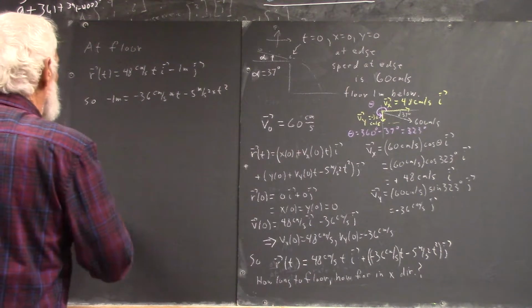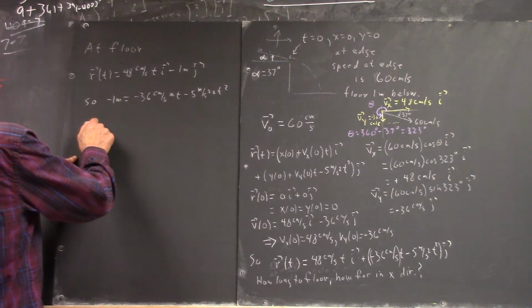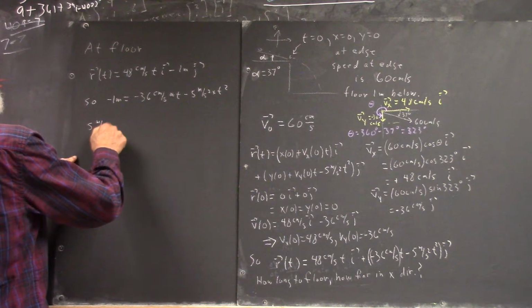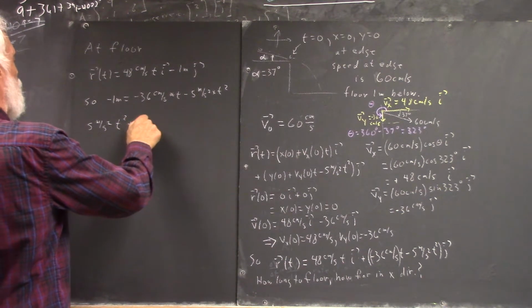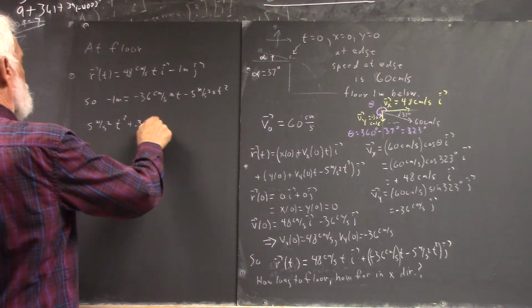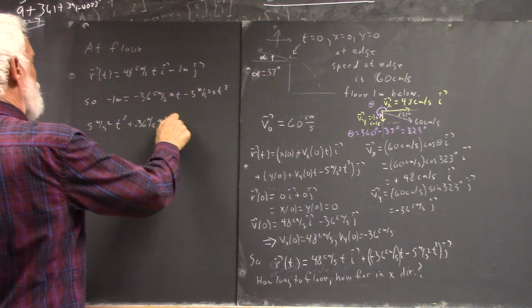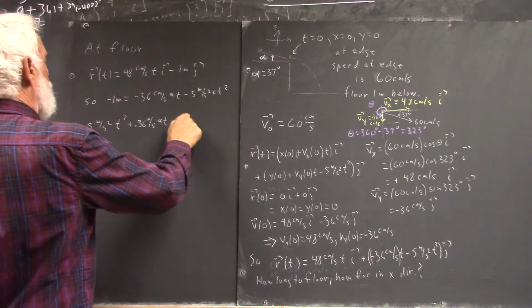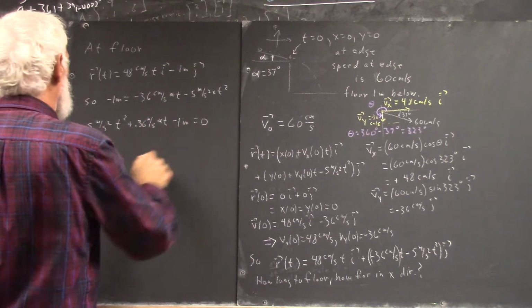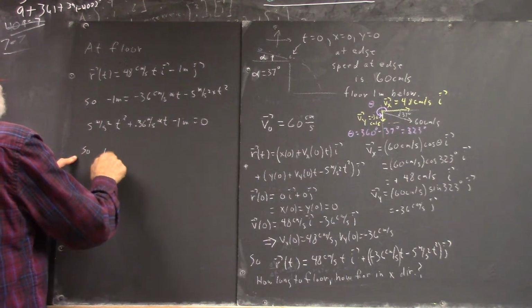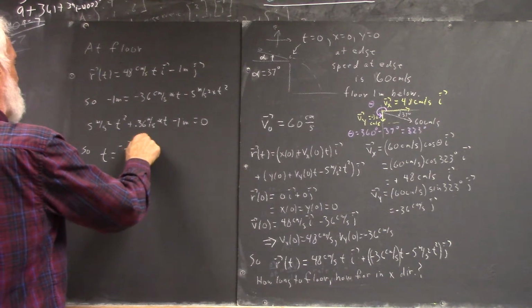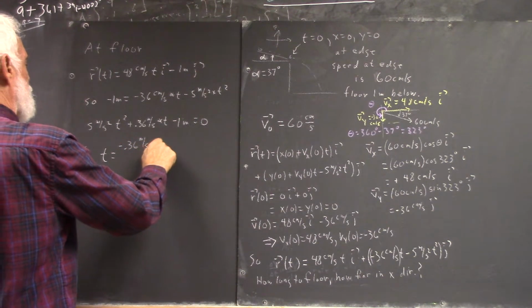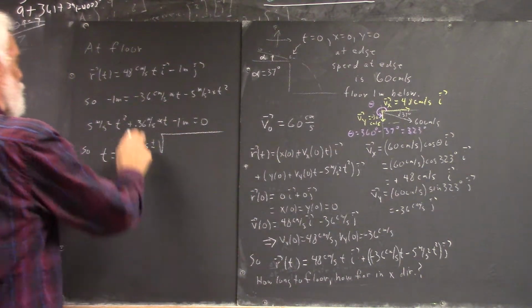So you can check, this equation becomes 5 meters per second squared t squared plus 0.36 meters per second times t minus 1 meter equals 0. So t equals negative 0.36 meters per second plus or minus the square root of the square of this.